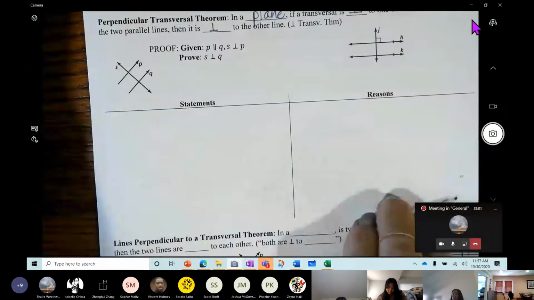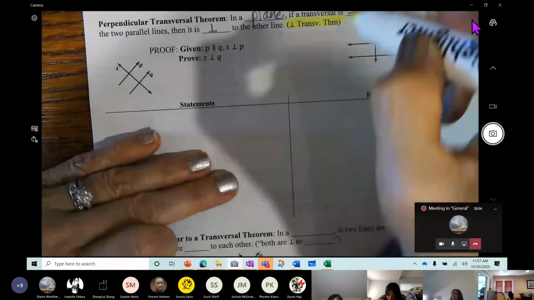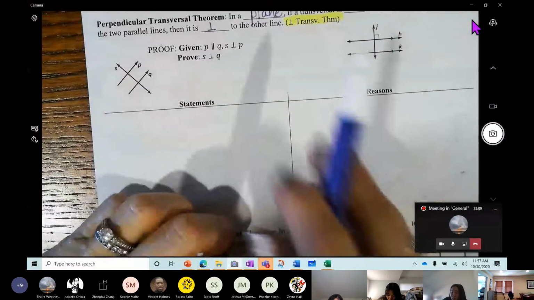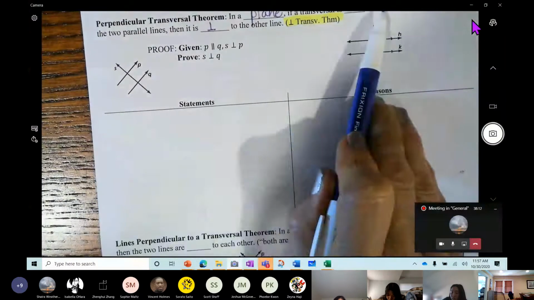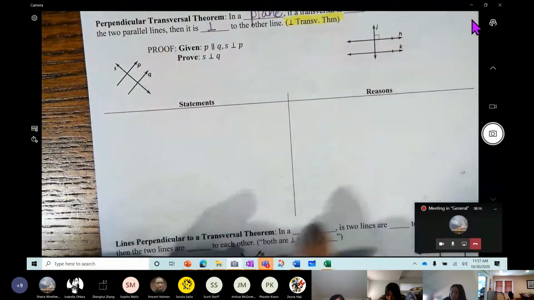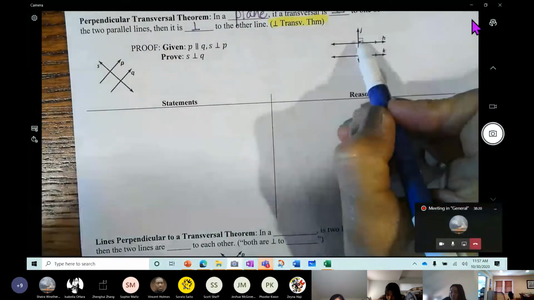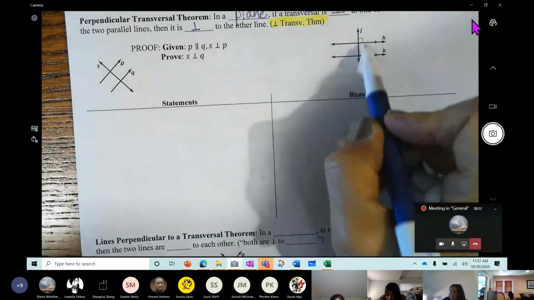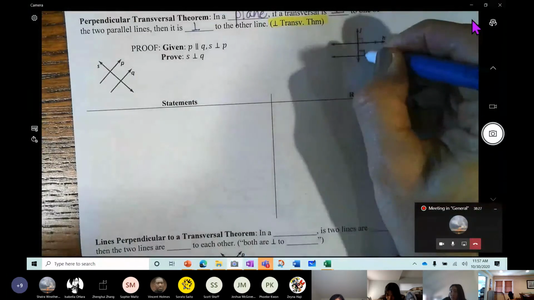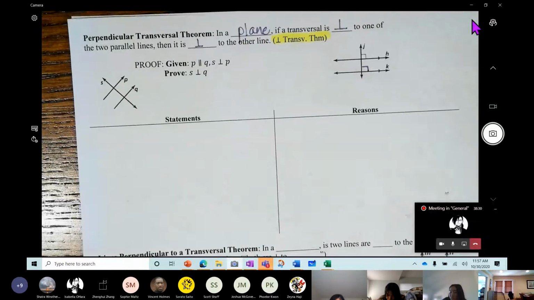And again, we're going to be able to abbreviate it by the perpendicular transversal theorem. Meaning if you're given this perpendicular and parallel, then what that proves is that you also get this. So that's kind of handy.